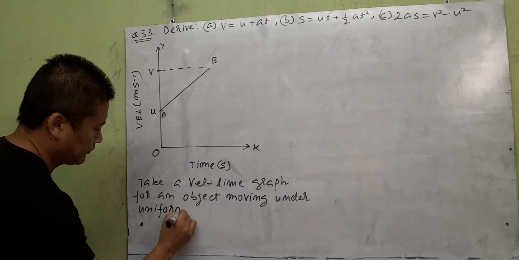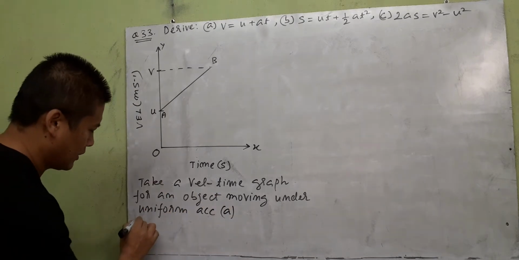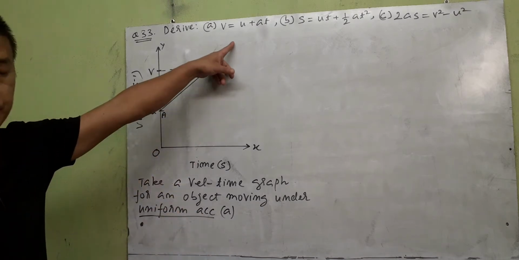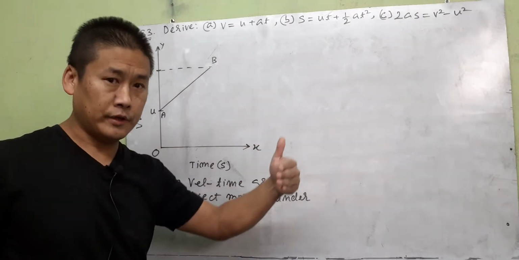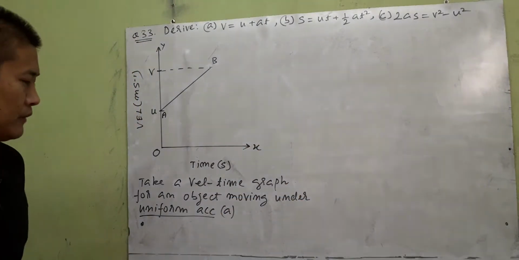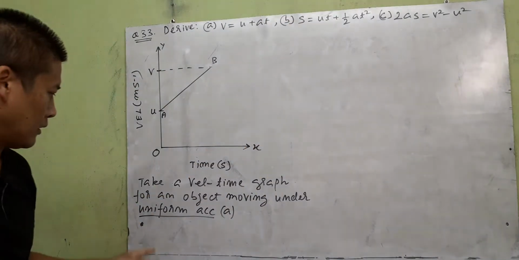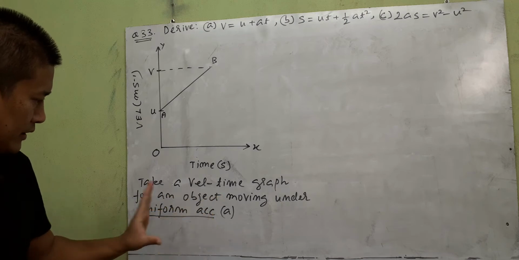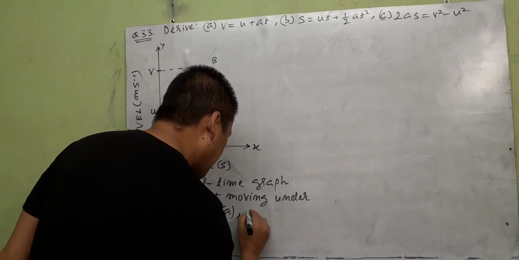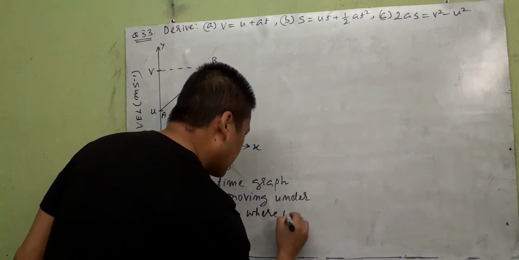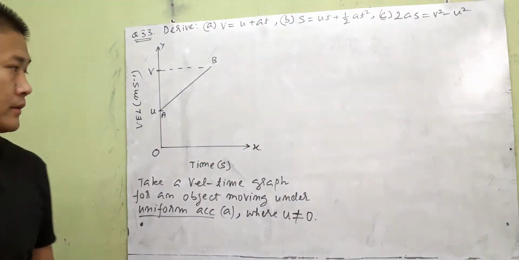This equation will be true only for uniform acceleration, meaning an object whose velocity is increasing or decreasing by equal amounts. It is not applicable for uniform motion. It is for an object moving under uniform acceleration a, where the initial velocity is not equal to 0. That means the object was not at rest in the beginning.